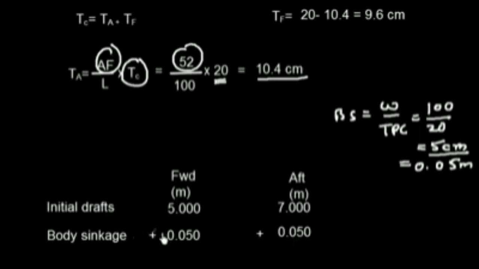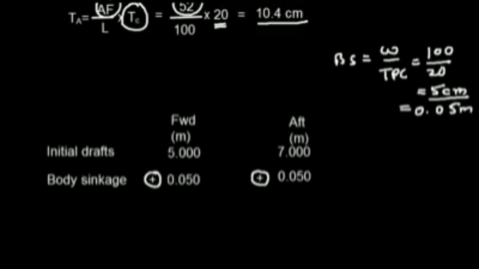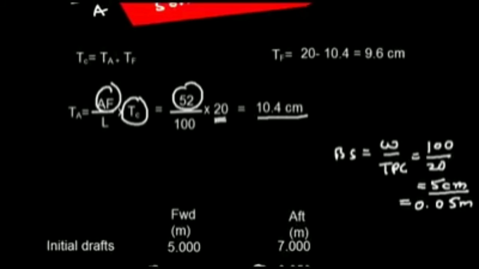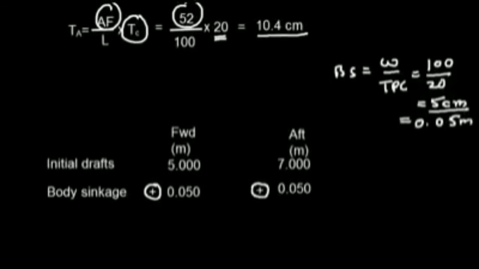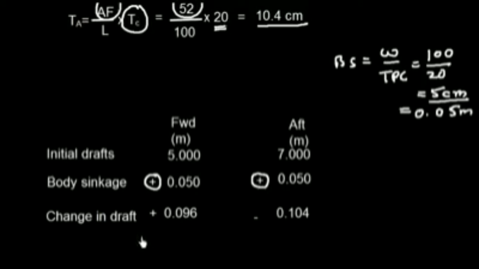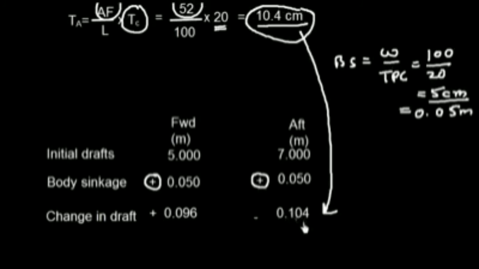So the body sinkage has to be added in both the drafts. Now let us apply the TF. TF is 9.6, and this is the change in the forward draft. So let me apply this change in draft: the forward is 0.096 and the aft is 0.104. TA is 10.4 centimeter, or converting this to meter, it is 0.104.